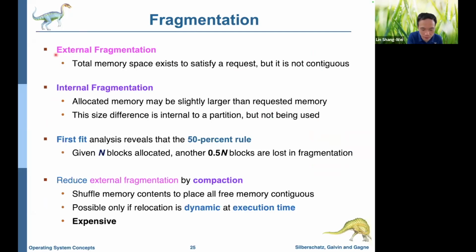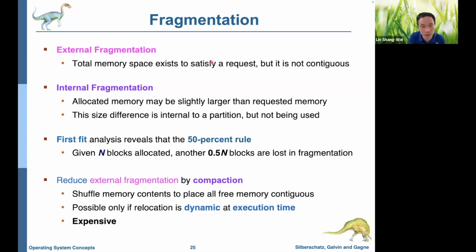The slides are here. We also have external and internal fragmentation. We know about this, right? Let's quickly recall. What is external fragmentation? External fragmentation is that your total memory space can satisfy the request, but it is not contiguous.